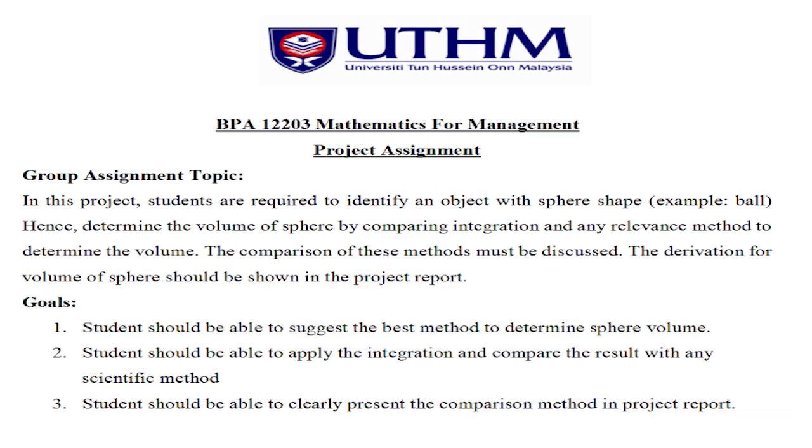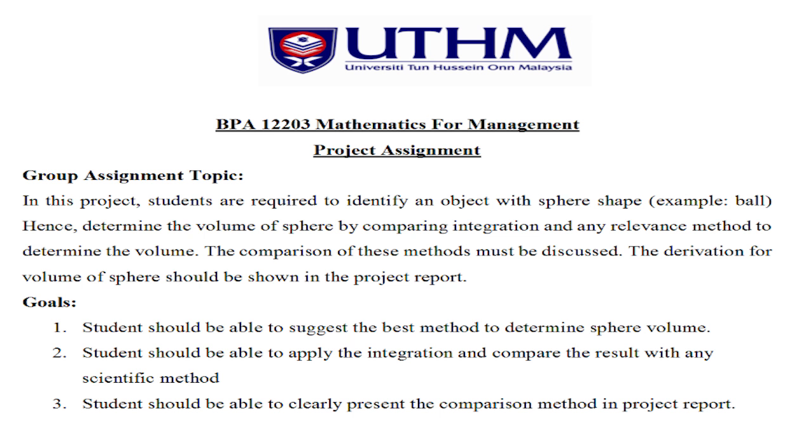The question and purpose of this assignment is to find at least two ways and methods to solve the volume of a sphere, then compare the methods that we use. The main aim of the assignment is to find the difference between two types of formula used to calculate the volume of a sphere.